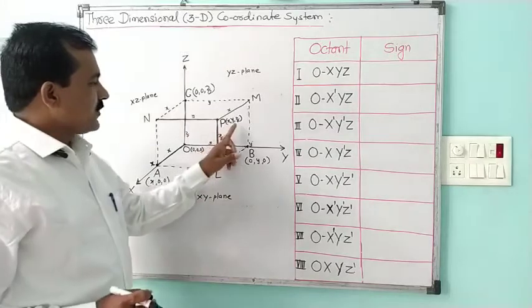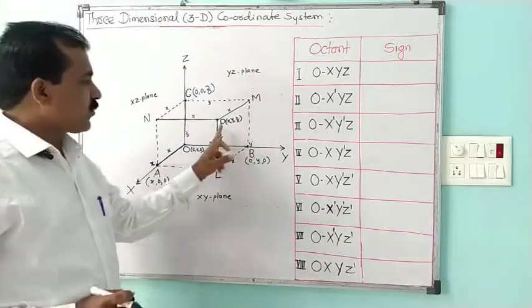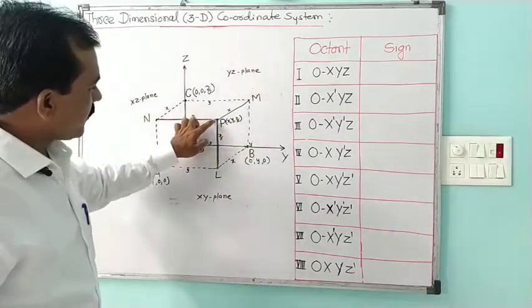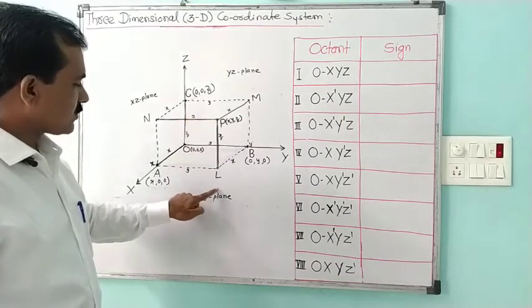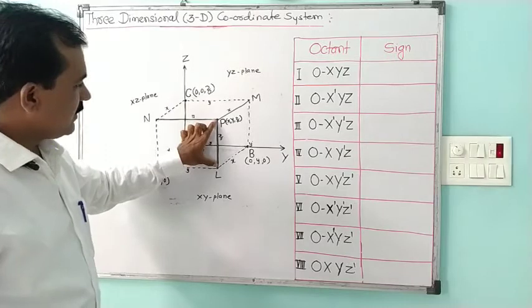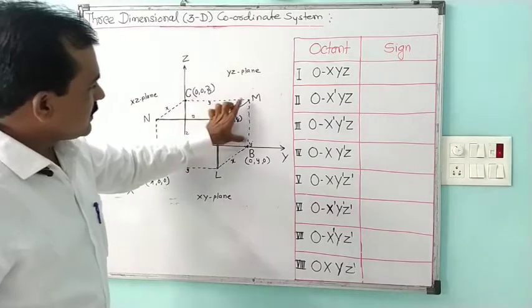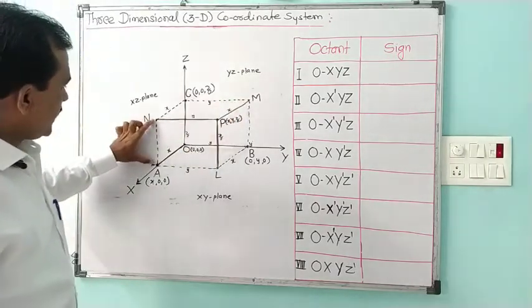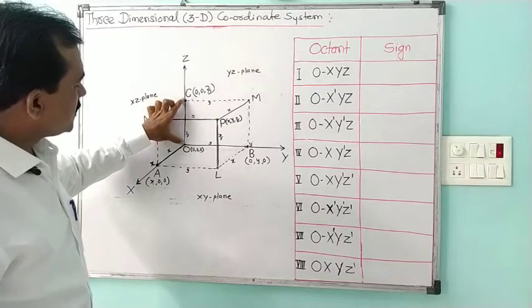Similarly, we can say the third coordinate of this point P is nothing but the perpendicular drawn from that P on the xy plane. So this height, this PL, is z. If this PL is z, this MB will be z, this NA will be z, as well as this OC will be z.